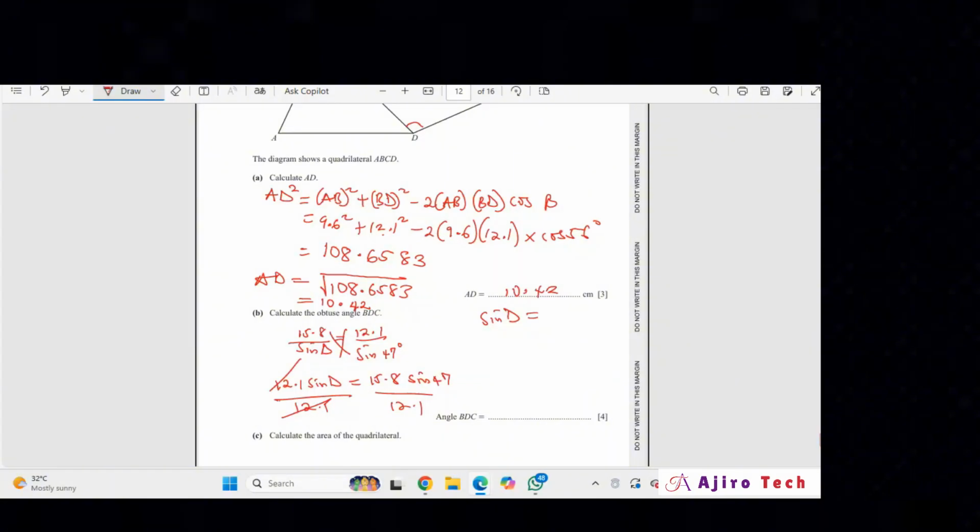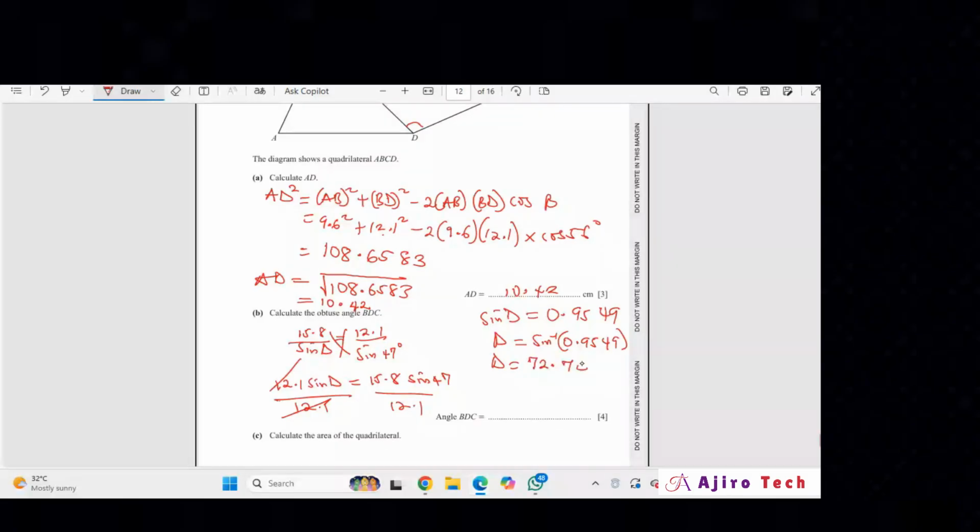When you simplify 15.8 times sine 47 divided by 12.1, it will give us 0.9549. So our D is equal to the sine inverse of it.